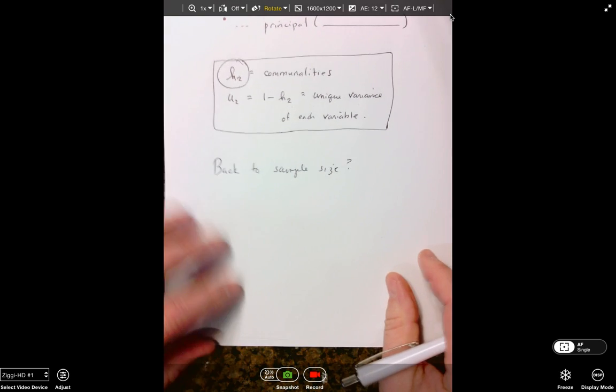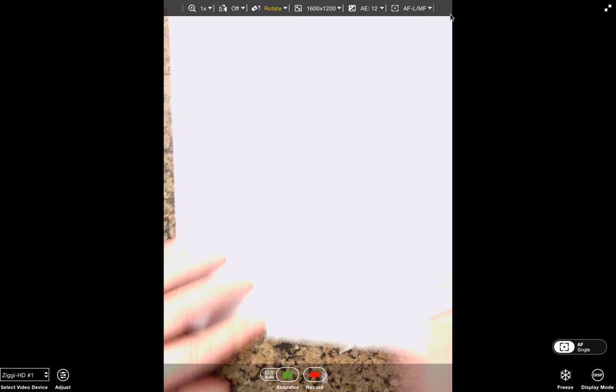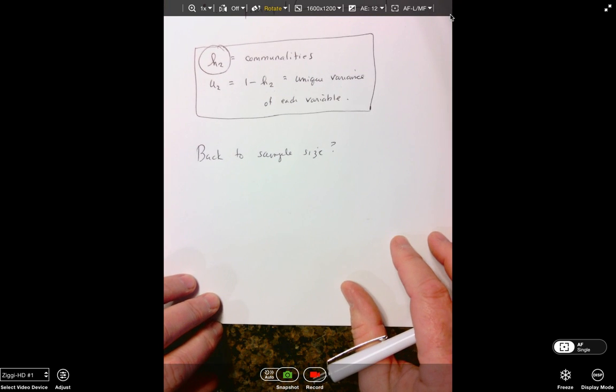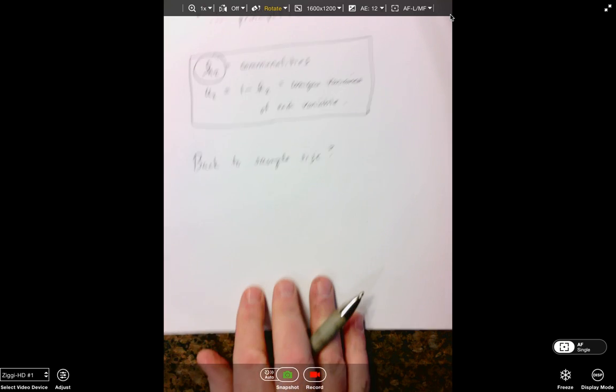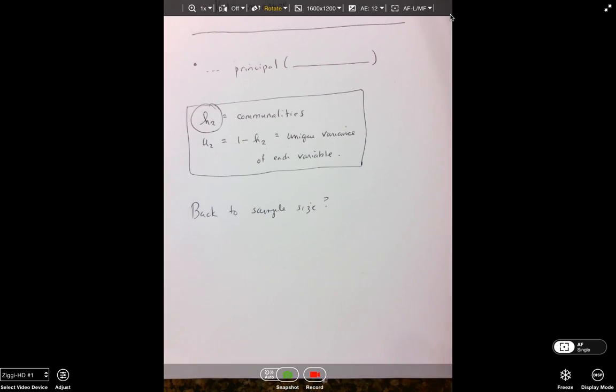Now, the 300, 500, 1,000 that I talked about was based on all the components. But now we're focusing on the 2 components, not 6 components, not the full model, if you will.